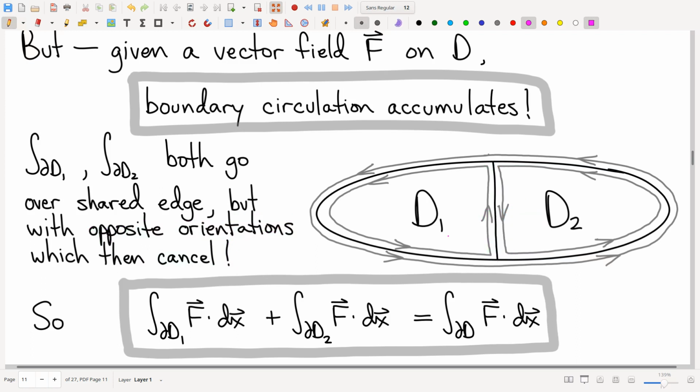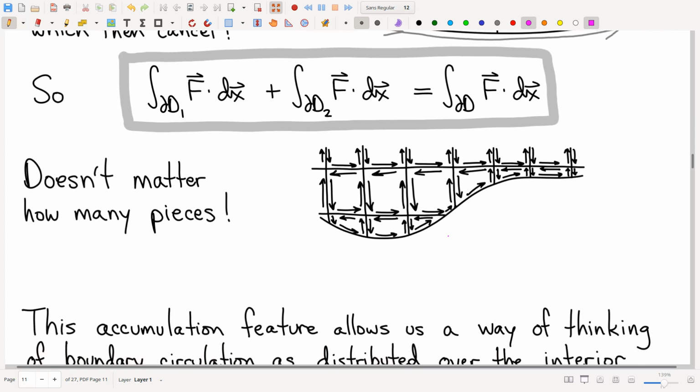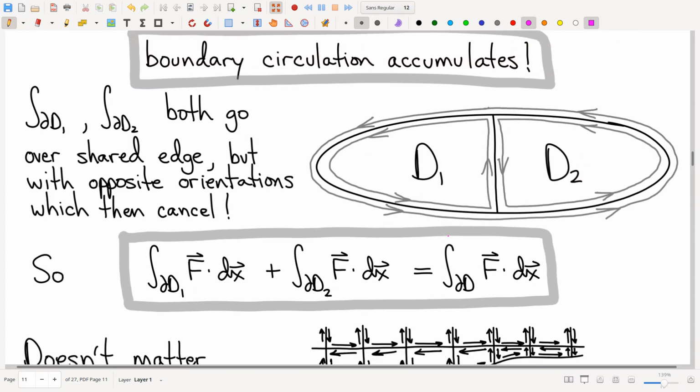Now, I'm going to point out that it also doesn't matter how you slice it. The argument that I made above is conveniently just the two pieces. The big idea, though, is that every time you make a cut through the middle, in other words, every time you introduce what you might call a new part of boundary, by cutting through the middle of things, there's always going to be part of the area on one side and part of the area on the other side.